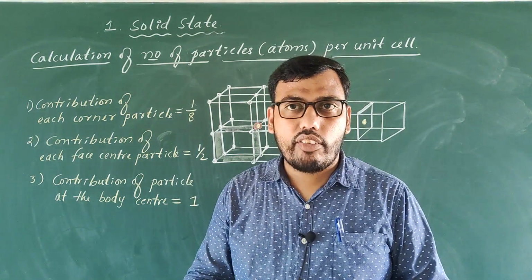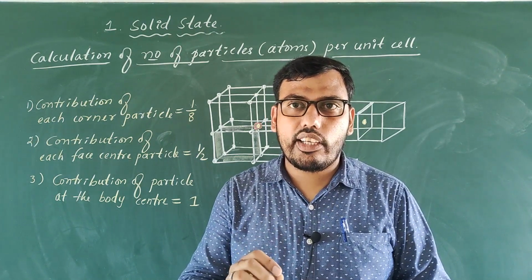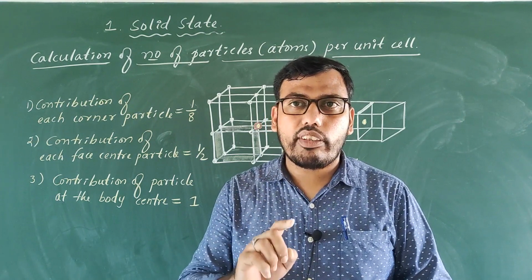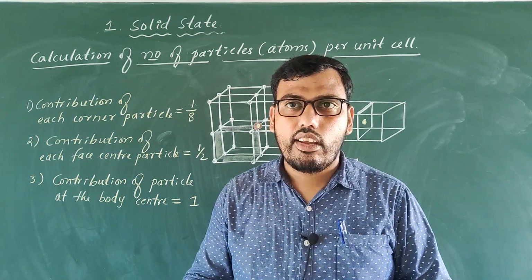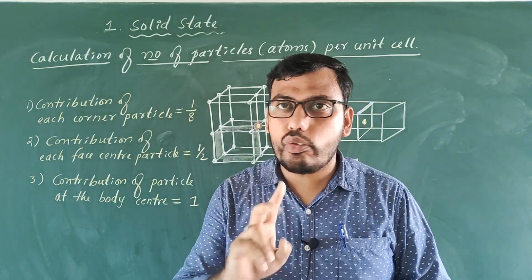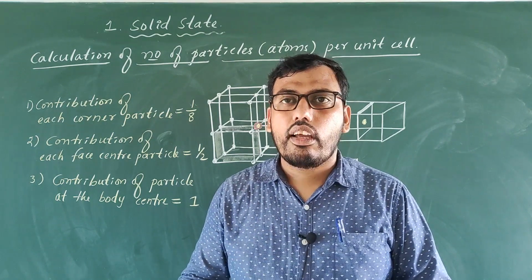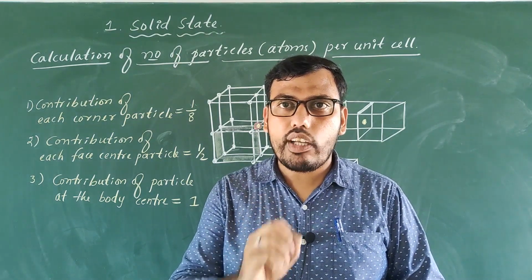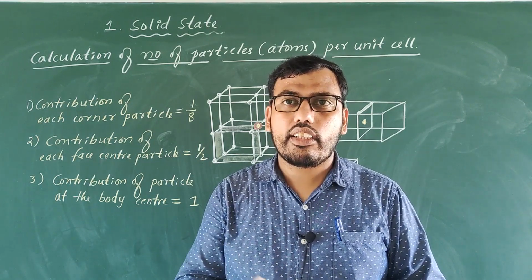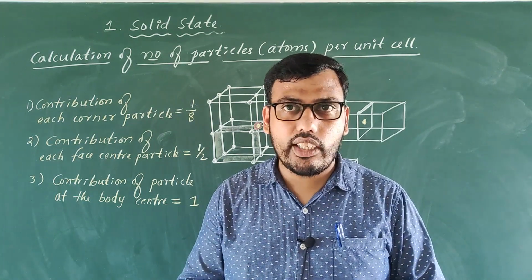Each corner particle is shared by 8 different unit cells, so its contribution is 1 by 8. When a particle is present at the face center, it always shares 2 unit cells. That's why its contribution is 1 divided by 2. When a particle is present at the body center of the unit cell, it is in no way connected with other unit cells. In other words, it is not shared by other unit cells.